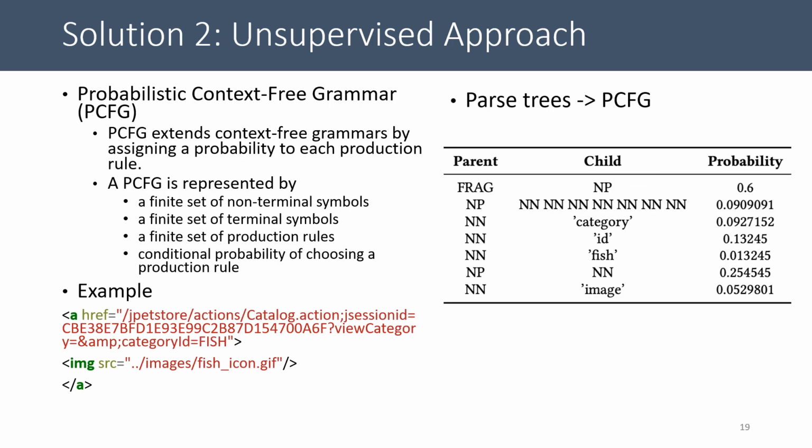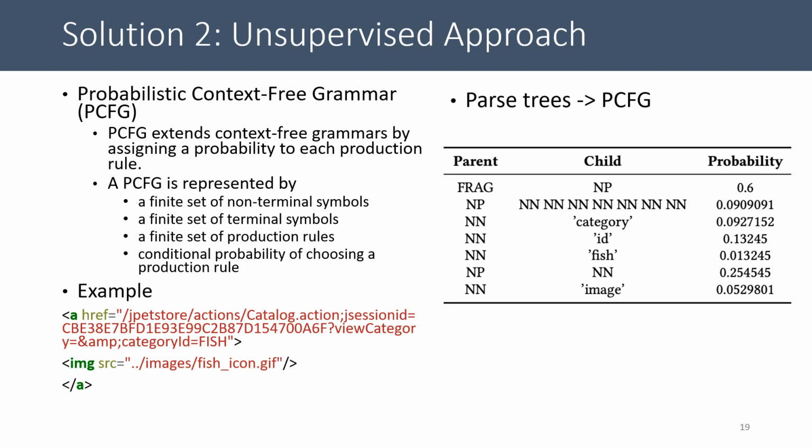After that, we apply probabilistic context-free grammar, PCFG, which extends context-free grammars by assigning a probability to each production rule. A PCFG is represented by a finite set of non-terminal symbols, a finite set of terminal symbols, a finite set of production rules, and a conditional probability of choosing a production rule.